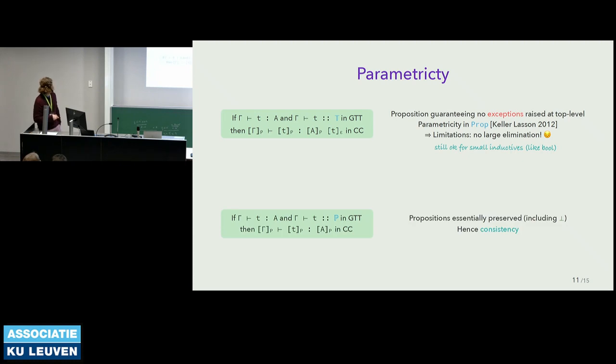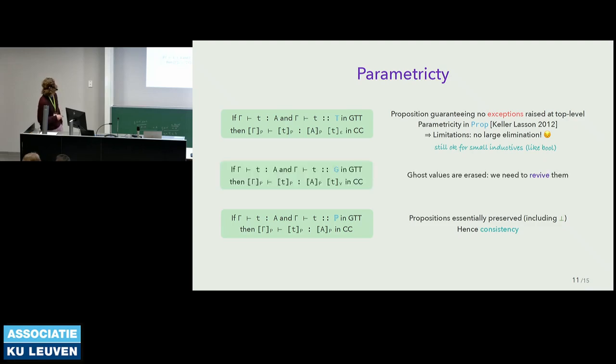For propositions, you just preserve them, essentially. So that means that the empty proposition is preserved, so you get consistency, and now this is an actual model. And for ghosts, it's special because you still have a proposition that guarantees that there's no exception, but your ghost value has been erased, so we need to revive it to talk about it.